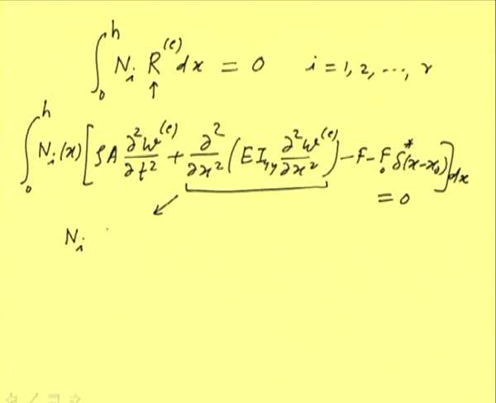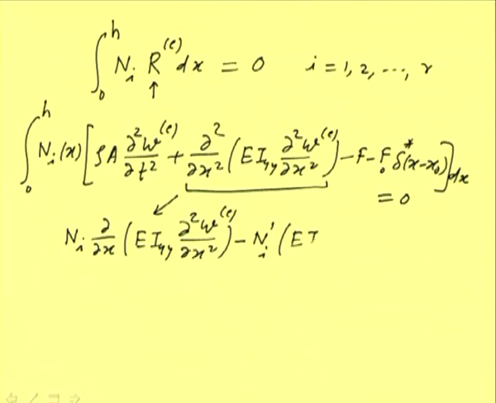First term, integration of the second term, then again differentiation of the first term and integration of the second term, plus differentiation again of the first term and the second term as it is.